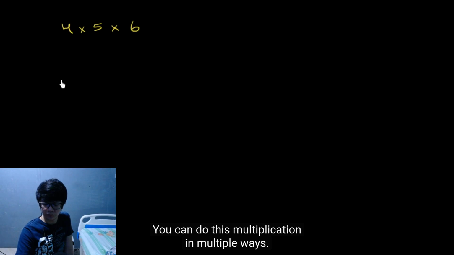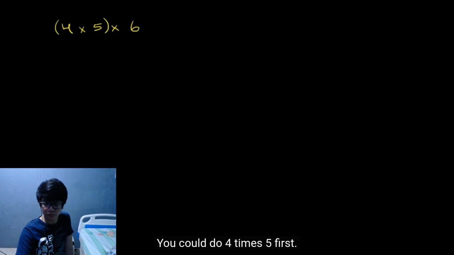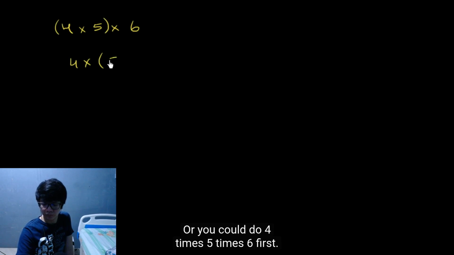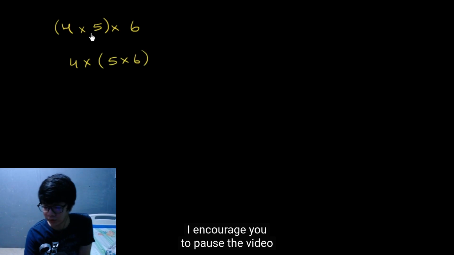So let's say that I have 4 times 5 times 6. You can do this multiplication in multiple ways. You could do 4 times 5 first, or you could do 5 times 6 first. And you can verify that. I encourage you to pause the video and verify that these two things are equivalent. Yeah, they are both.